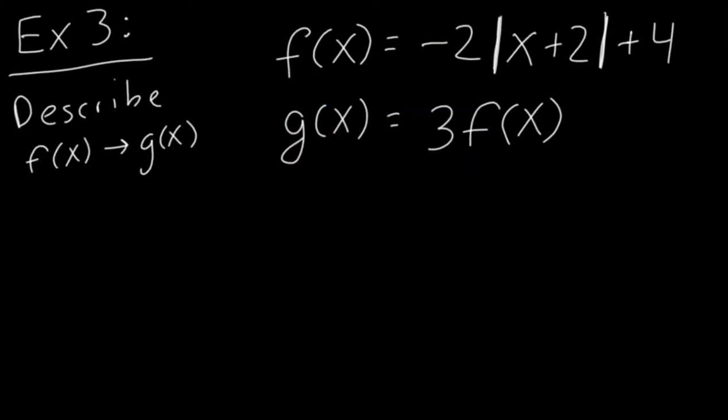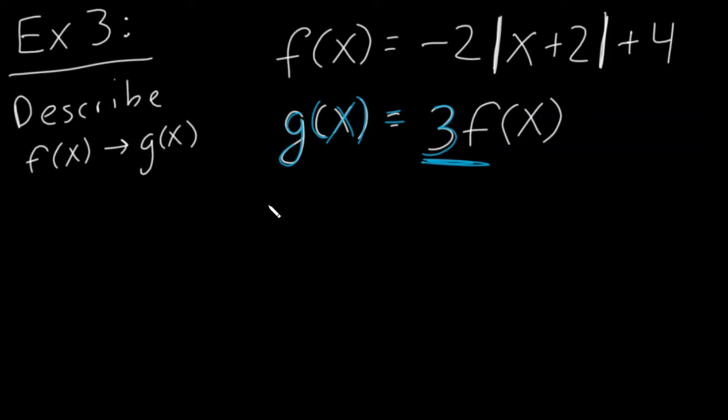Alright, so let's go on to example 3. We're still describing the transformation of f of x to g of x, and notice in this case we are still using multiplication. So I see that g of x is equal to 3 times the entirety of f of x. Now notice f of x is equal to negative 2 absolute value x plus 2 close absolute value plus 4.